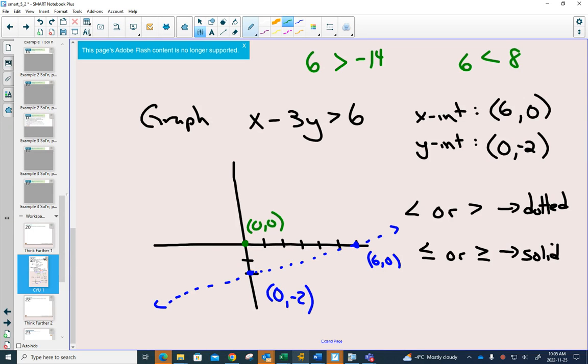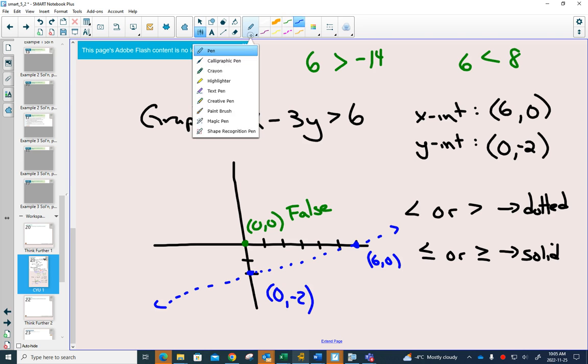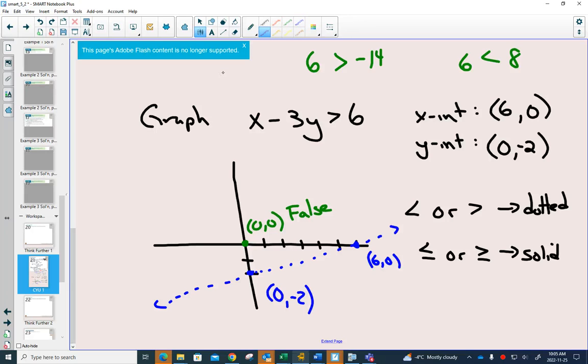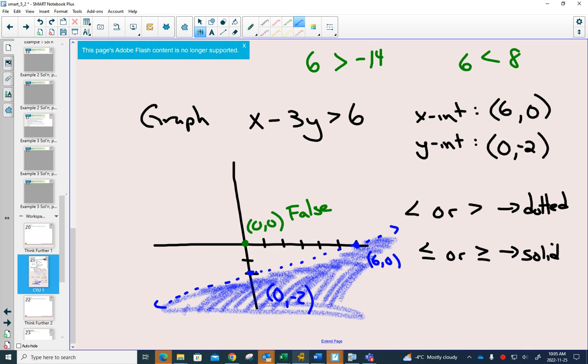If I try 0, 0, I get 0 greater than 6. True or false? False. If you find this point is false there, then your solution is the other section, and we shade in where the solution is.